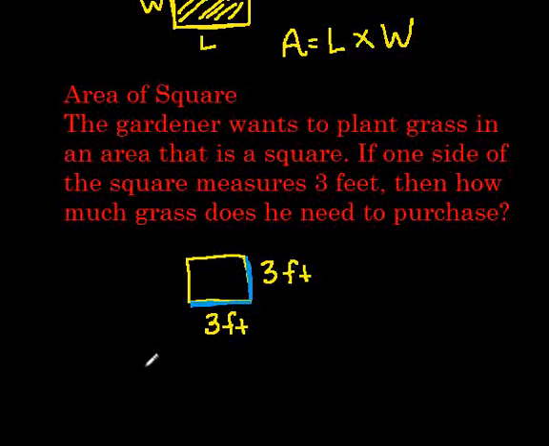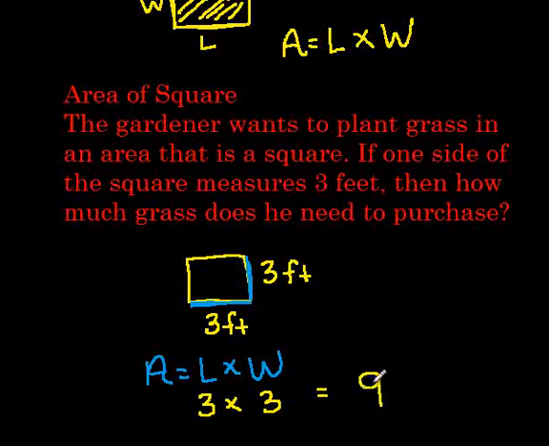Remember, area equals length times width. Sometimes it's easier to know just one formula, and that works for a square or a rectangle. You just have to remember that on a square all the sides are the same. Now I plug in the values: the length is 3 feet times the width, also 3 feet, because it's a square. 3 times 3 is 9.